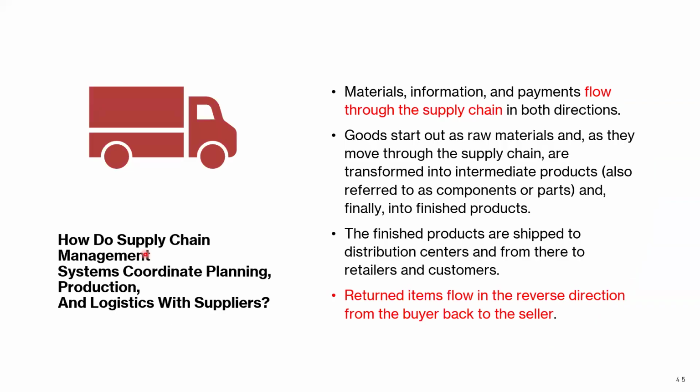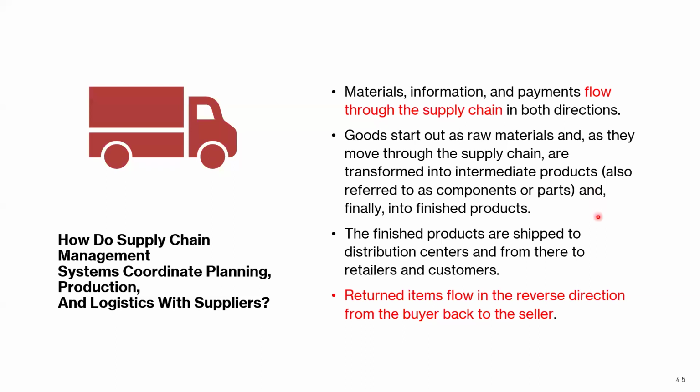So how do supply chain management systems coordinate planning, production, and logistics with suppliers? This is what I have already talked about. So materials, information, payments, they flow through the supply chain life cycle in both directions, from the local farmers all the way to the consumers, and reverse back from the consumers to the local farmers, right?